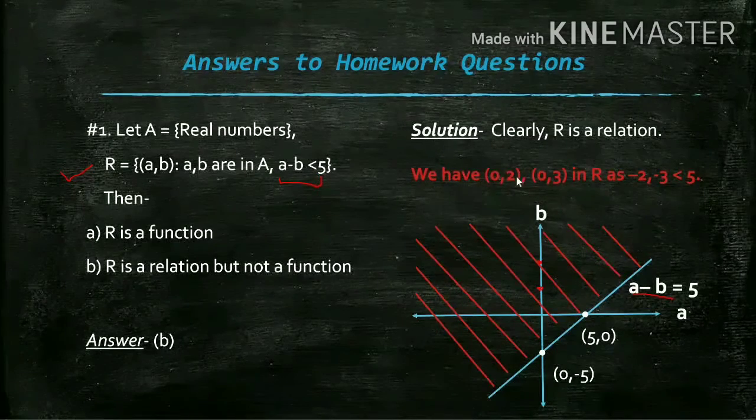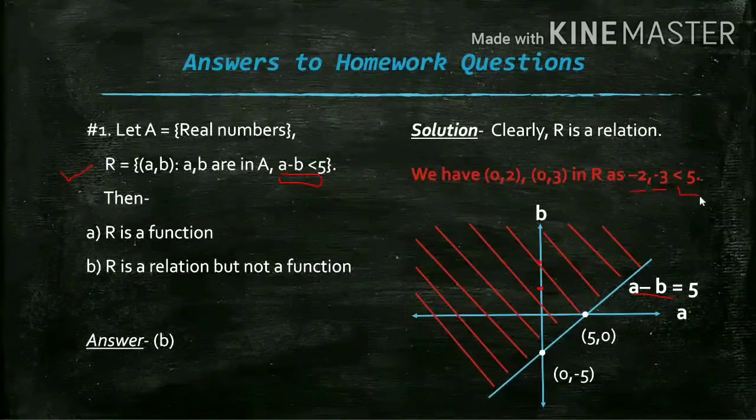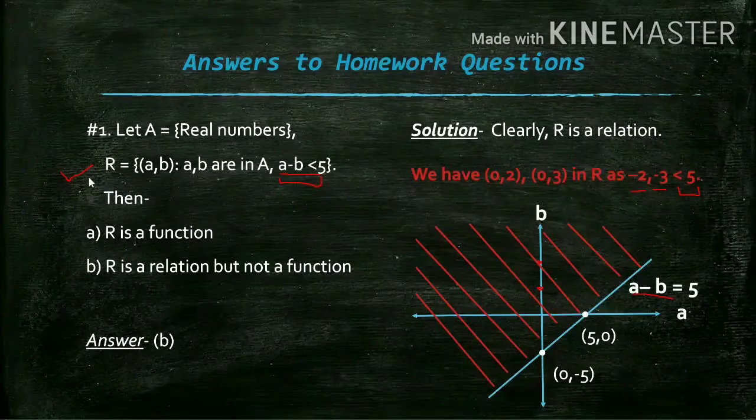Firstly, these 2 points are in this R because these are real numbers, no doubt. Second thing, it satisfies this inequality. How? 0 minus 2 is minus 2, and 0 minus 3 is minus 3, which both are less than 5. That means both are in this relation R.